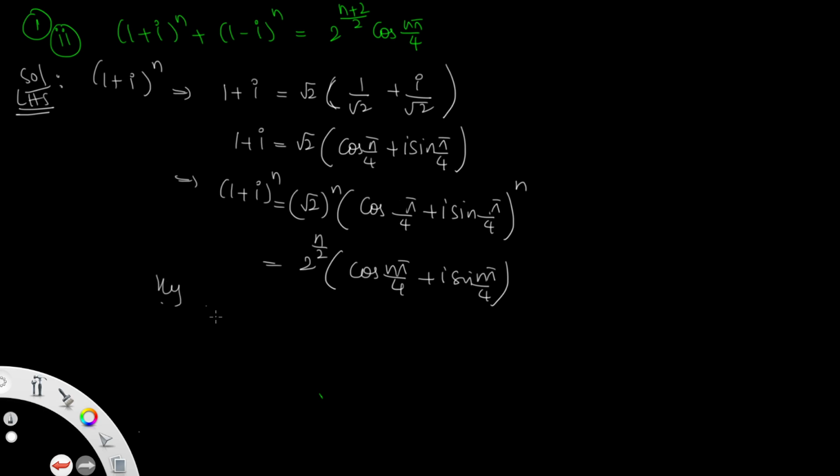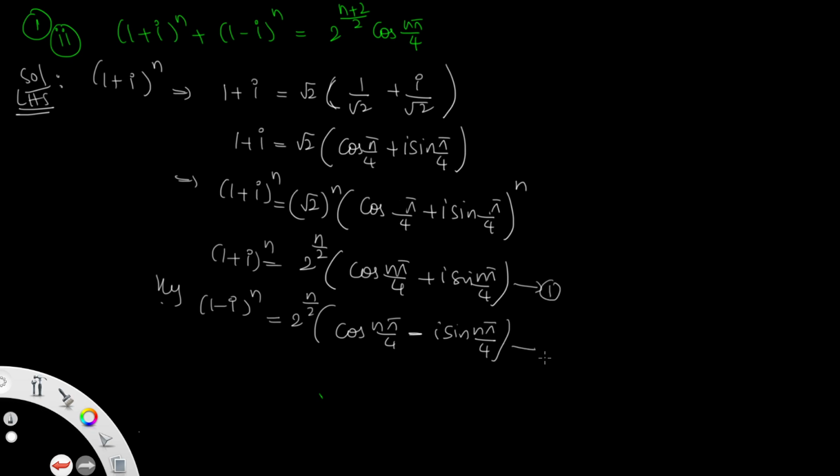Similarly (1 minus i) to the power of n is 2 power n by 2 into (cos n pi by 4 minus i sin n pi by 4). This is the first expression, and this is the second expression.